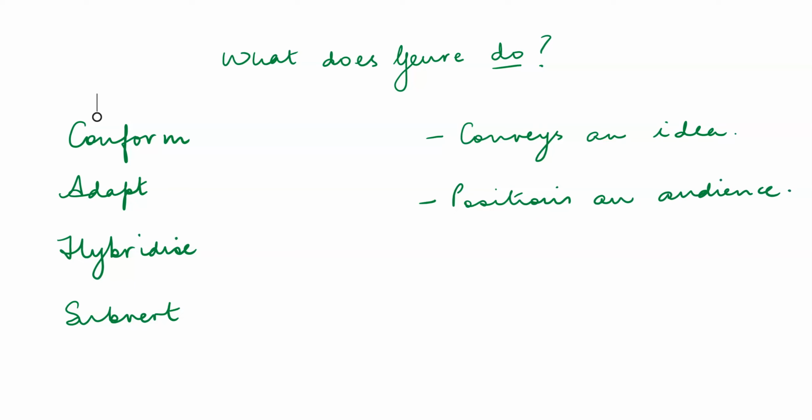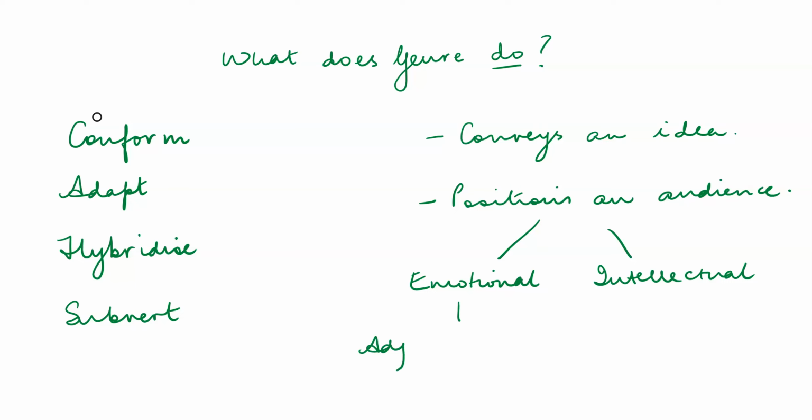Now, there are two ways to position an audience. One is when the audience has an emotional response, and the other is when an audience has an intellectual response. So an emotional response is from the heart, and to talk about an emotional response, we use adjectives to describe the audience's feelings.